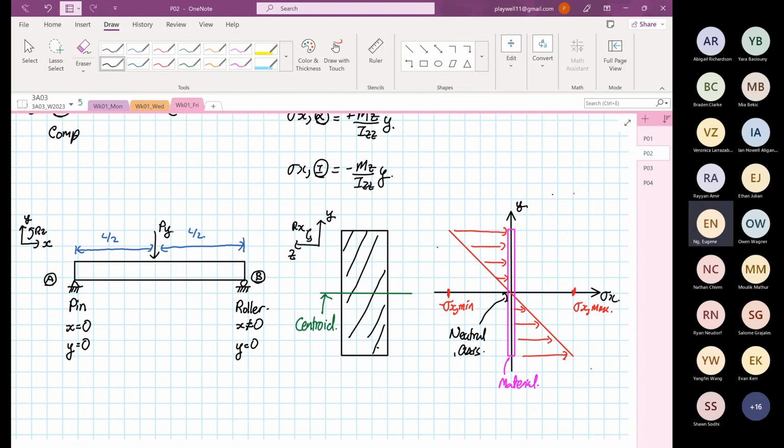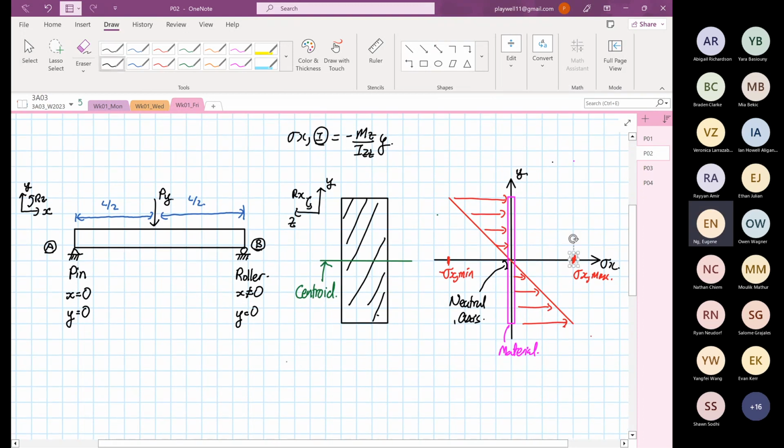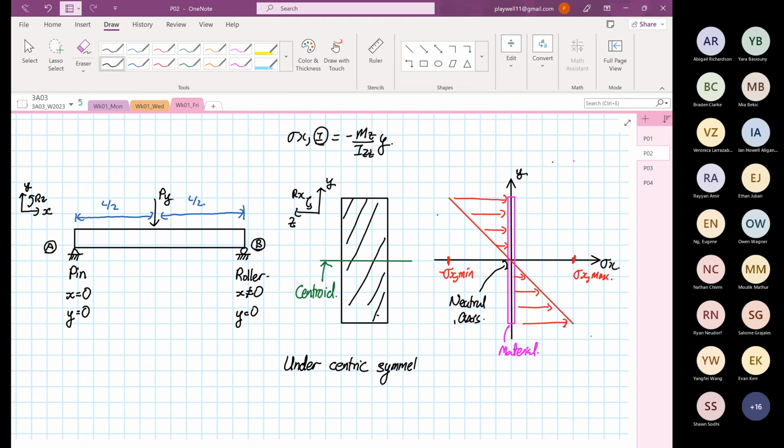So in this context, under symmetrical bending, the position of the centroid is the same as the what?